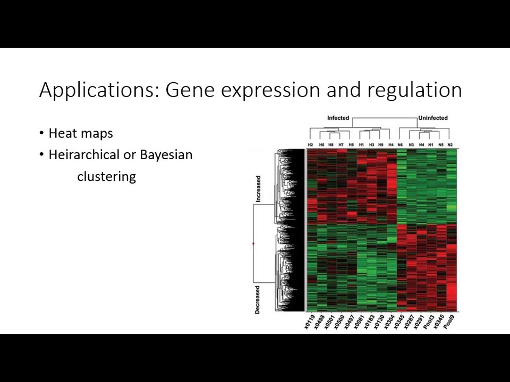Heat maps are a way of showing gene expression, right? In this case, green means go, red means stop, and we're looking at many, many different genes throughout this whole thing, and how they are either turned on or turned off under a certain set of stressors.